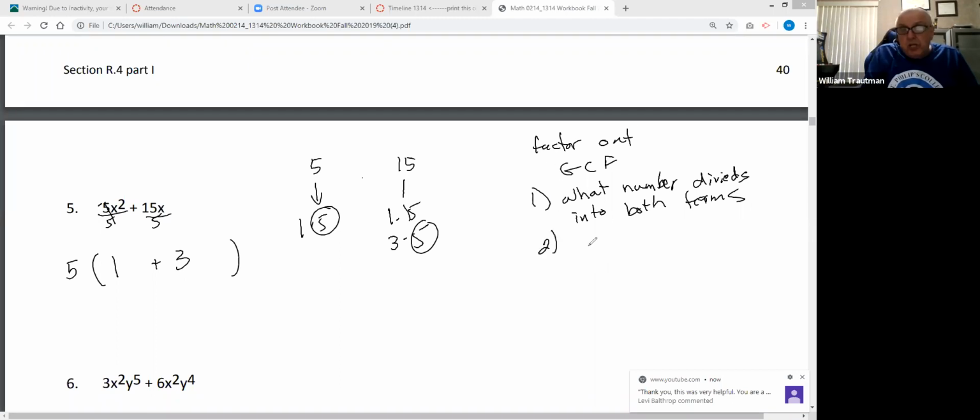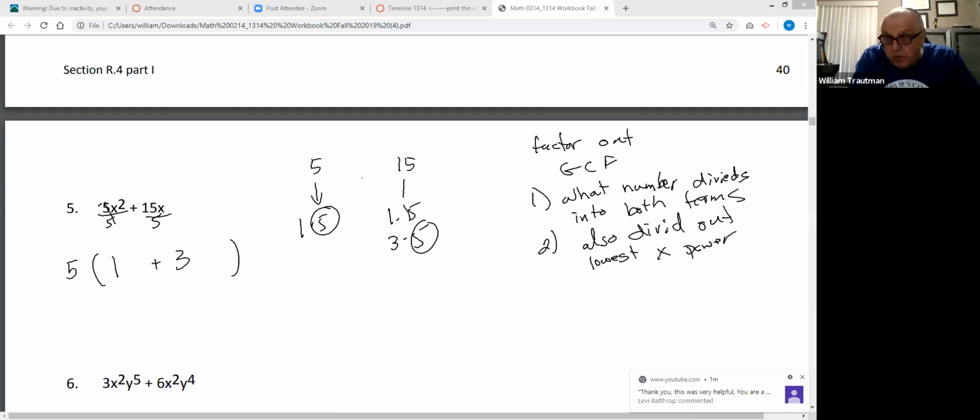Step 2, also divide out the lowest x power.